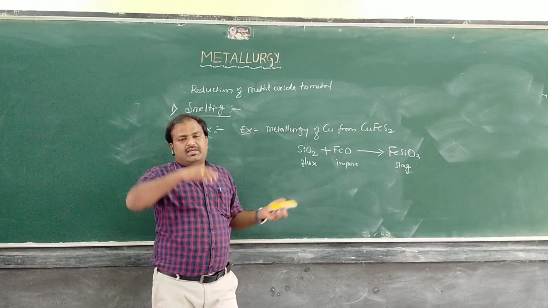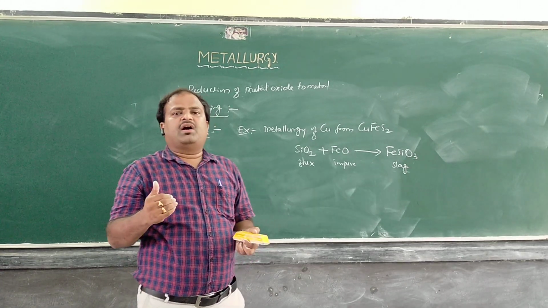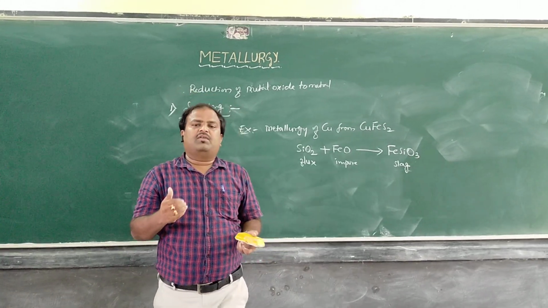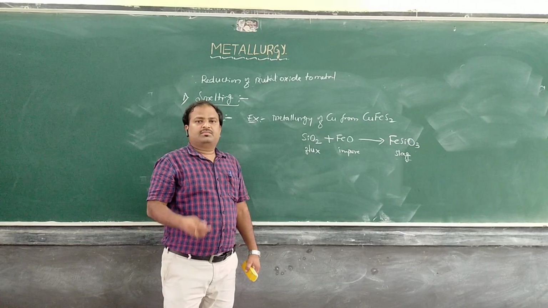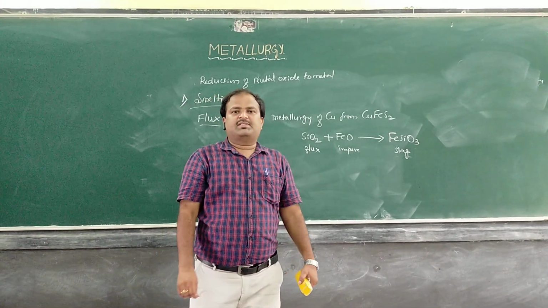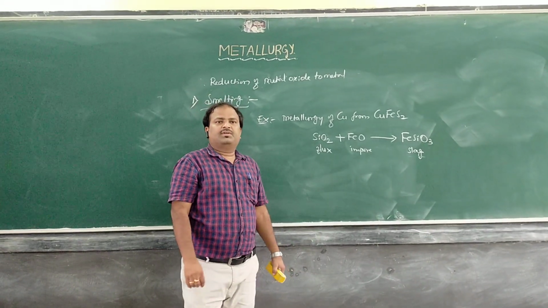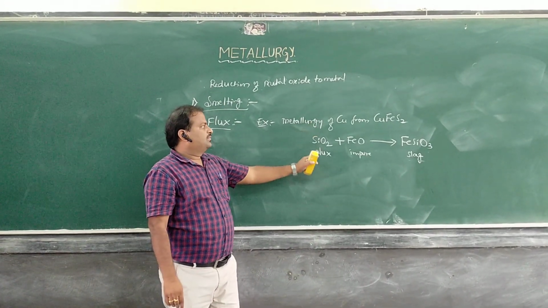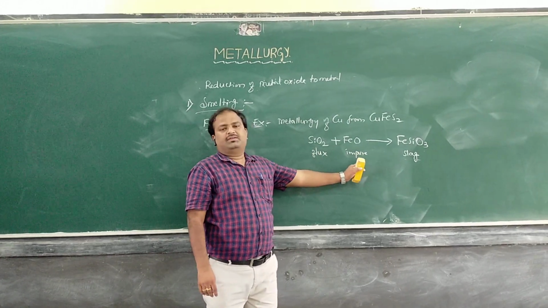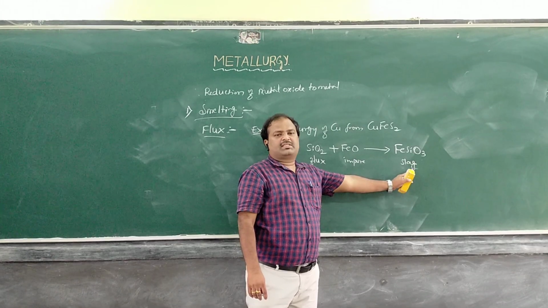The important role of flux is it reduces or brings down the melting point of the impurity. So flux is a chemical substance which is added to the concentrated ore during the smelting. So it combines with impurity to form a fusible product that is called slag.